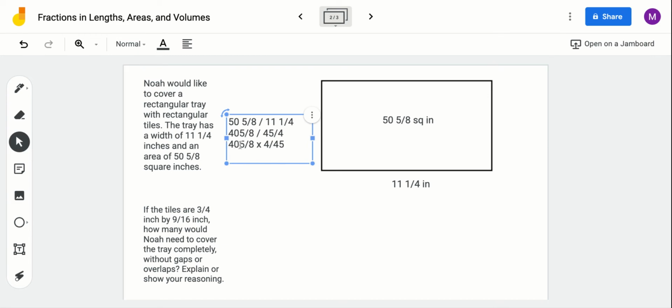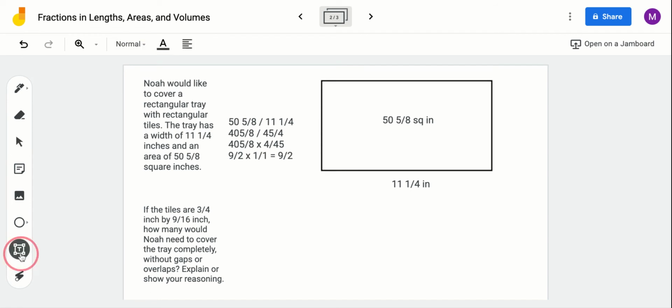So this 405 is 9 times 45. So I can cancel out the 405 and the 45, put a 9 there. My 8 and my 4 also. So this becomes 9/2 times 1 over 1. So this side is 9/2 inches.